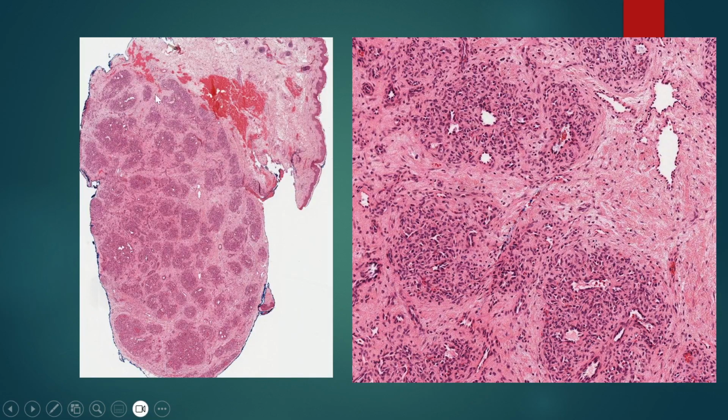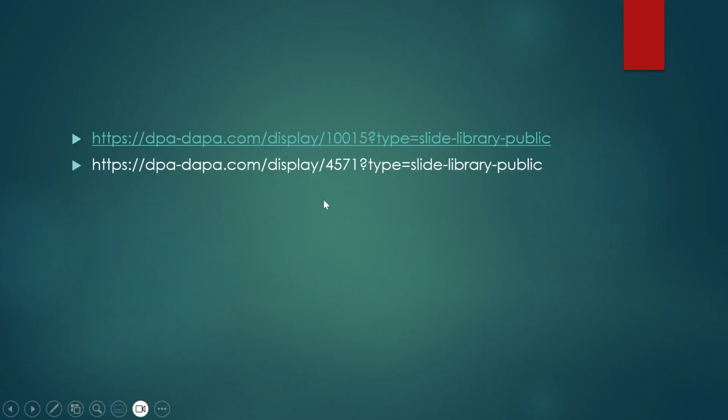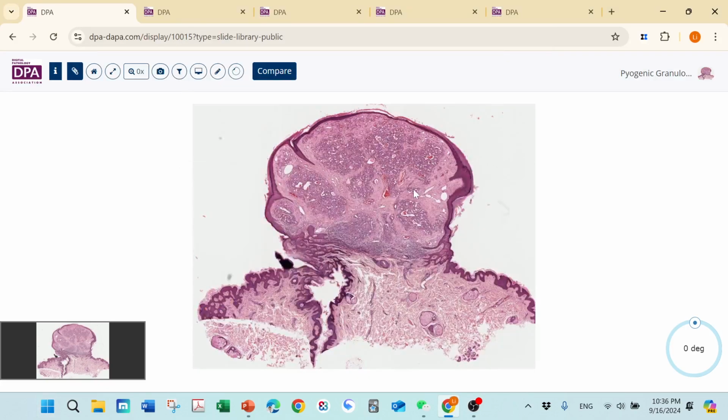In low power, we already know this polypoid lesion, and then the lobular structure, big vessel, small feeding vessels forming this lobular structure. And then see the virtual slide image: polypoid lesion, exophytic growth, kind of red.